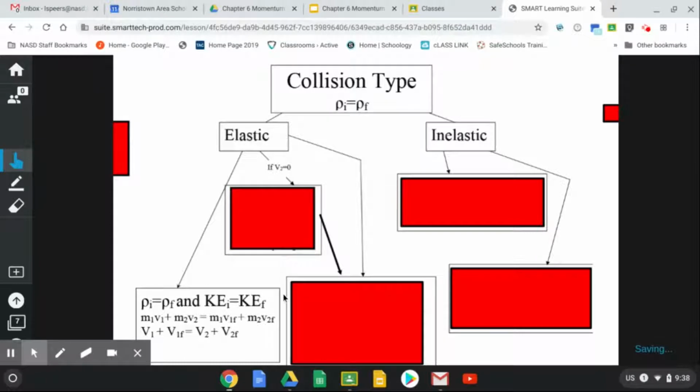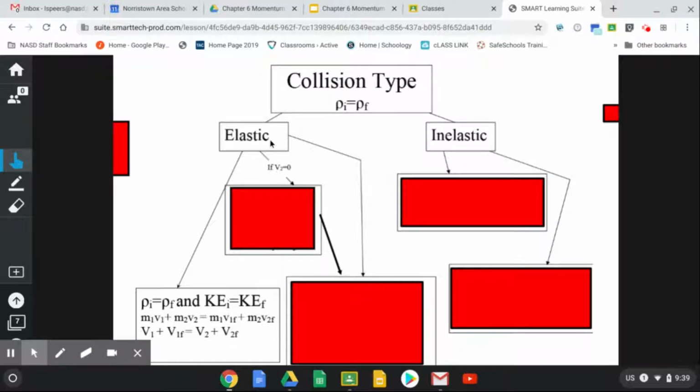In an elastic collision, both the momentum and the kinetic energy are conserved. They remain the same. The momentum before the collision is equal to the momentum after the collision, but also the kinetic energy of the two objects before the collision is equal to the kinetic energy after the collision. The kinetic energy part is not true in inelastic collisions. That's the difference between the two types.